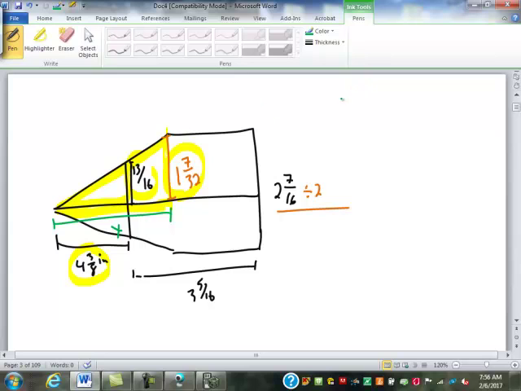So the y corresponds to the 4 3/8. The 1 7/32 is from the same triangle as the y, so that's to go on top. Corresponds to the 13/16.